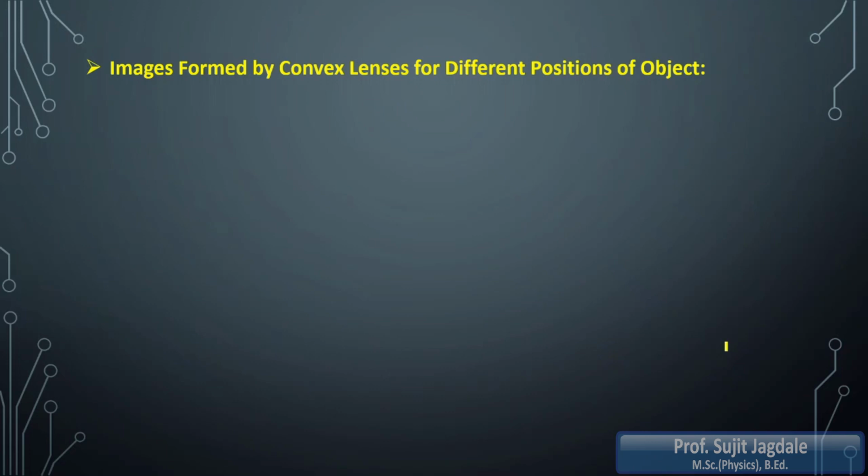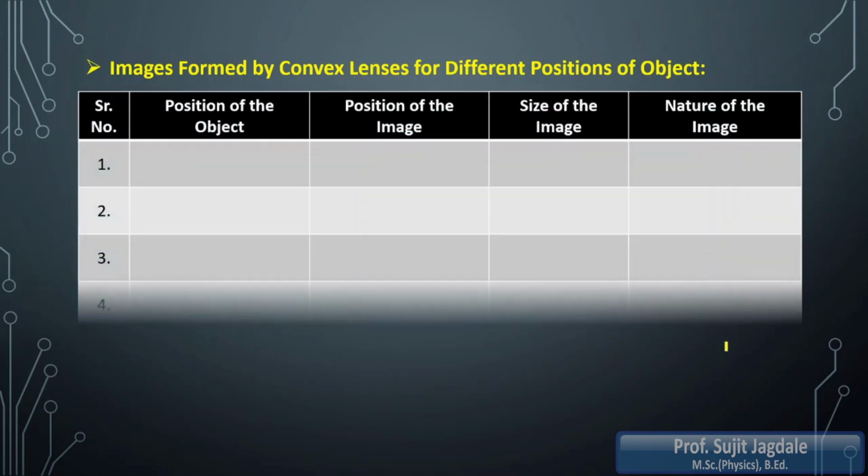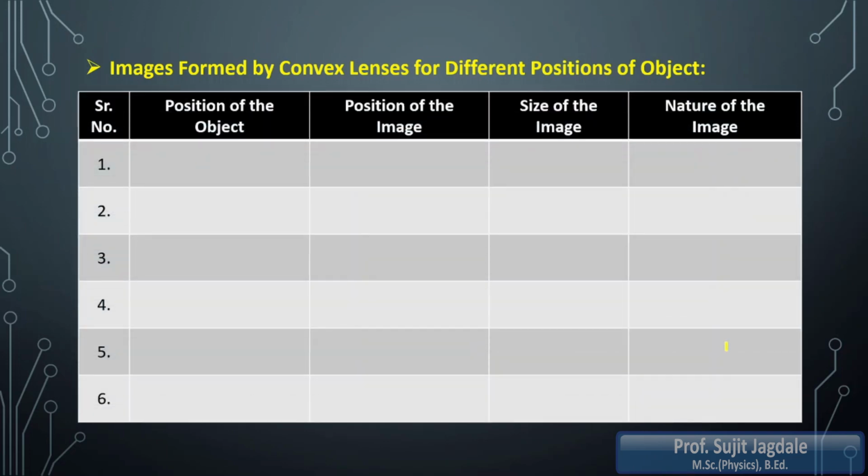Okay, now here we are considering it in tabular form. Obviously the first column is the serial number, then in the second column the position of the object, which is not going to be fixed because we are going to change the position of the object in a random manner.